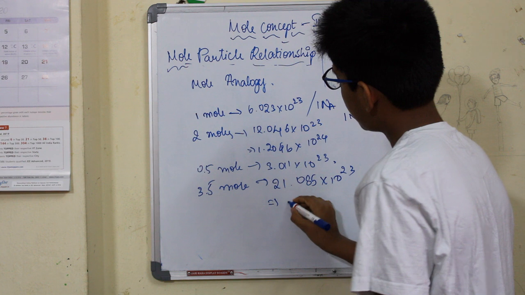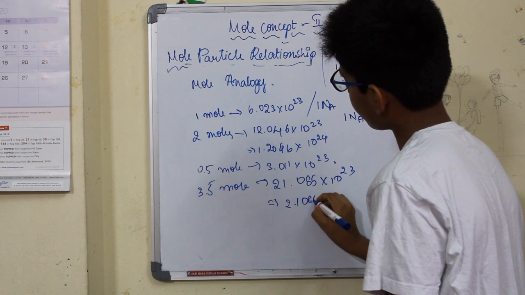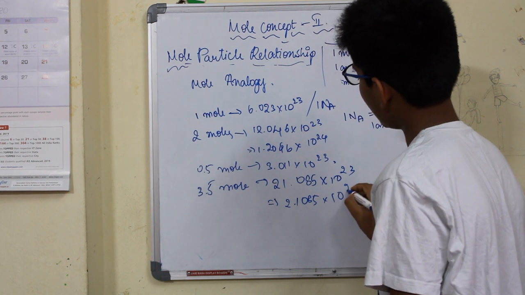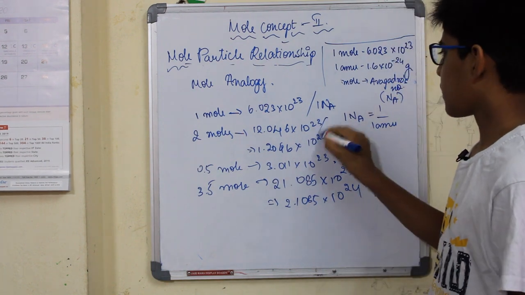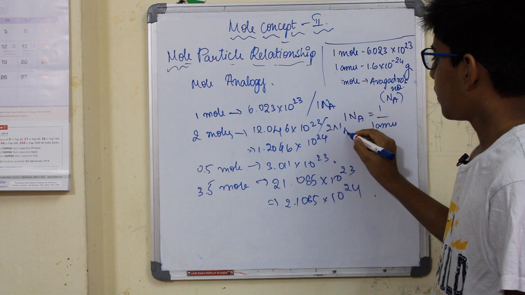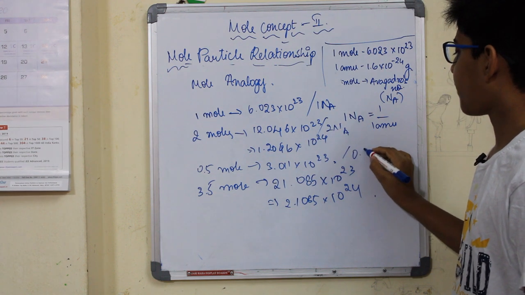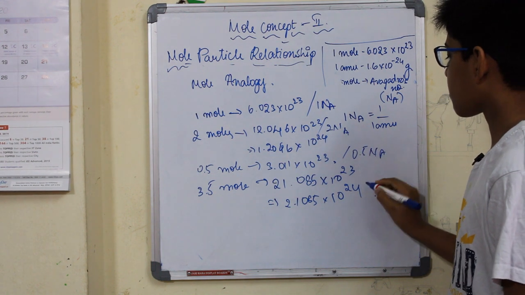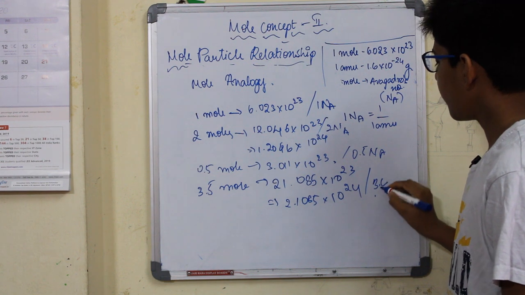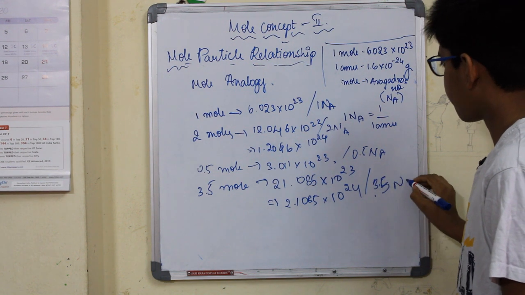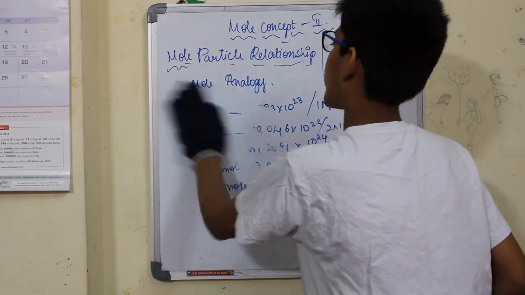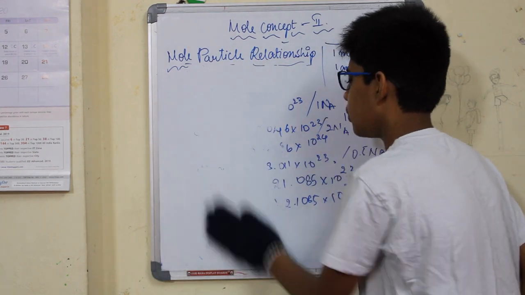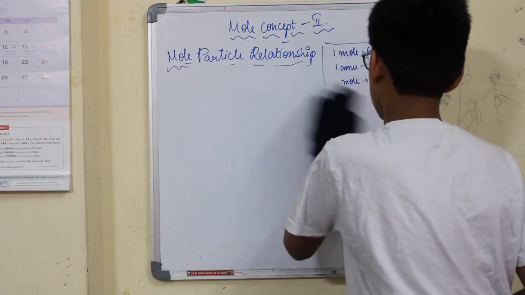That is nothing but 2.1085 into 10 power 24. This is only called mole energy. So this is called 2Na, this is called 0.5 Na, and we can call this also 3.5 Na. So these are called mole energies. Now let's do some interesting numericals.